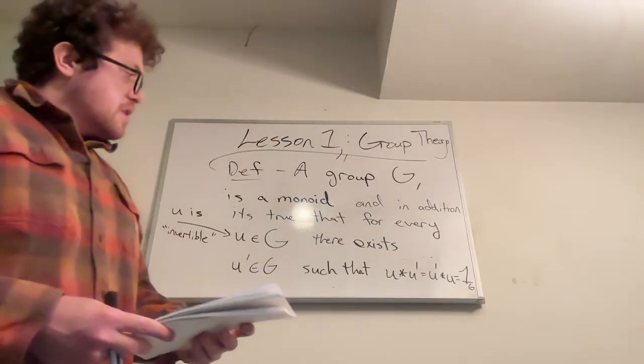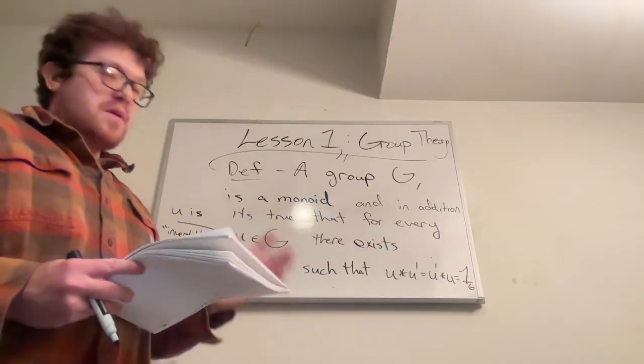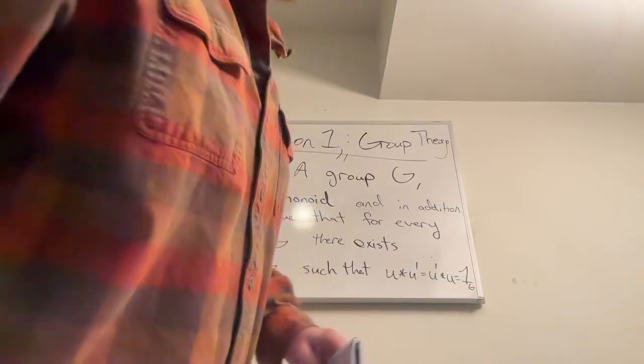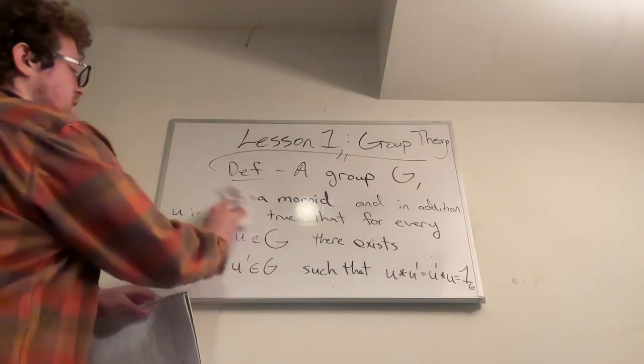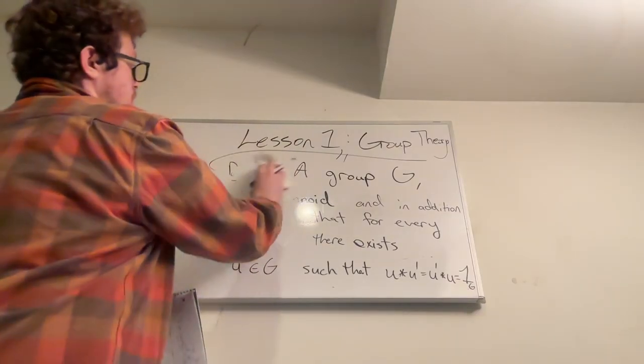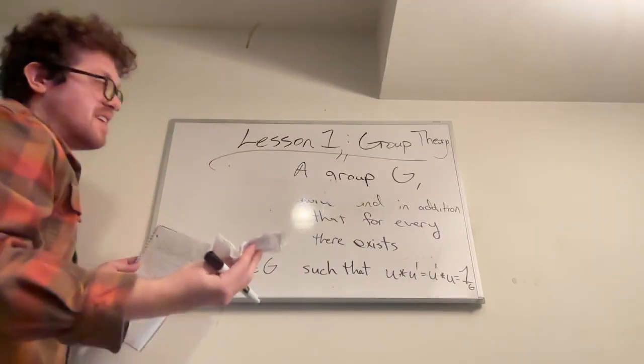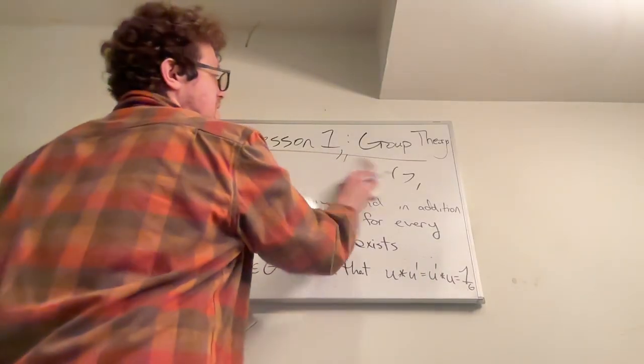All right, so let's give another example of a monoid, but in this case it'll be a group because every element will be invertible. And so what is an example of that? Right, so we've defined what a group is, right? But we haven't given any examples yet.